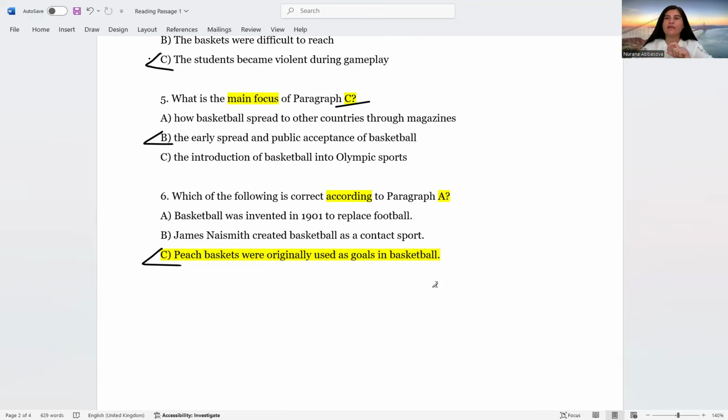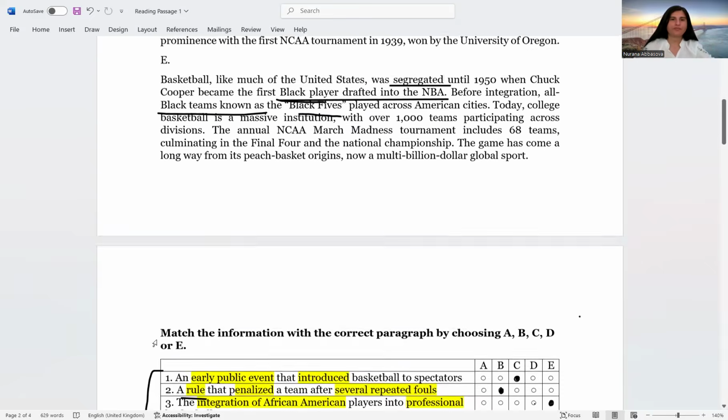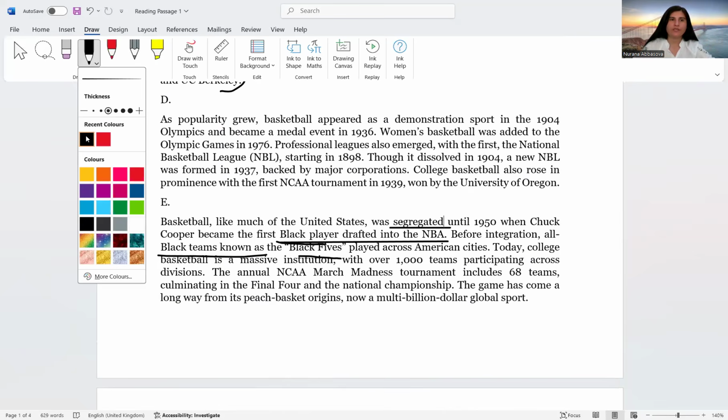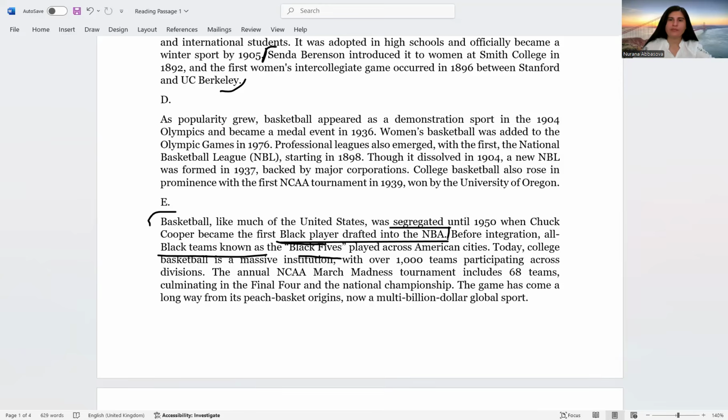Why? Because the last sentence of each paragraph is the wrap up of the main idea. The first sentence, every time, is going to be your topic sentence, which means the main idea of the paragraph. And the last one is the wrap up of that main idea. It's also the main idea.